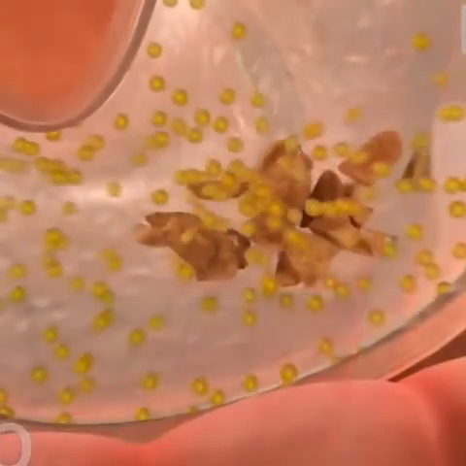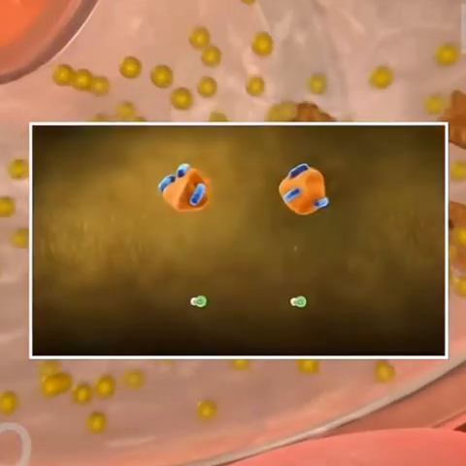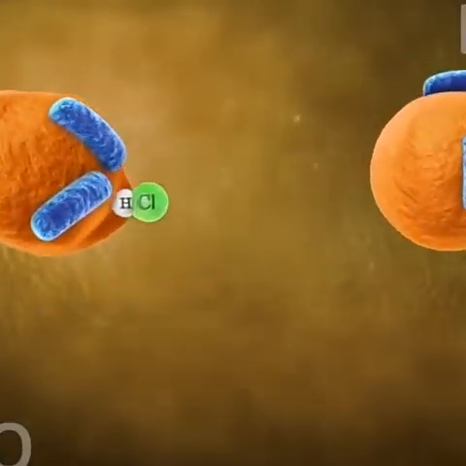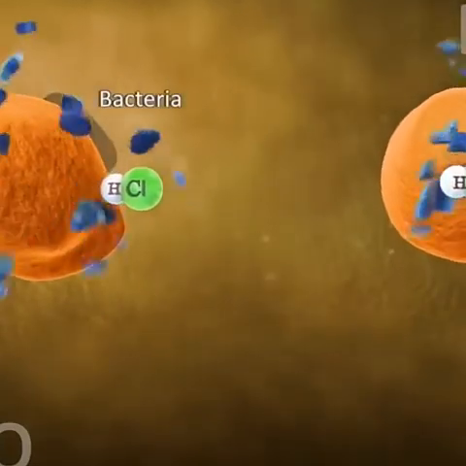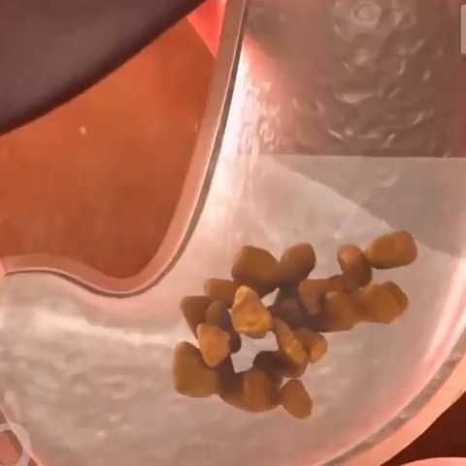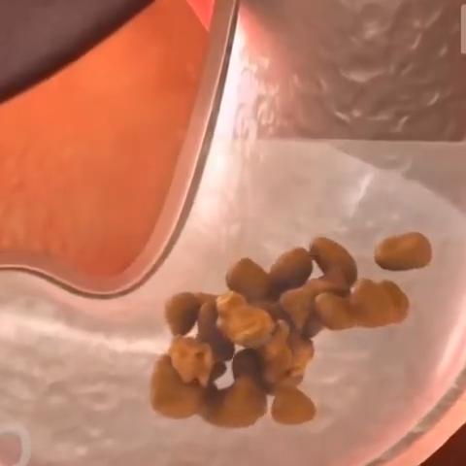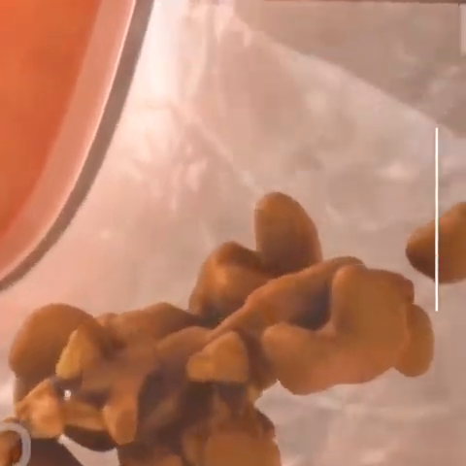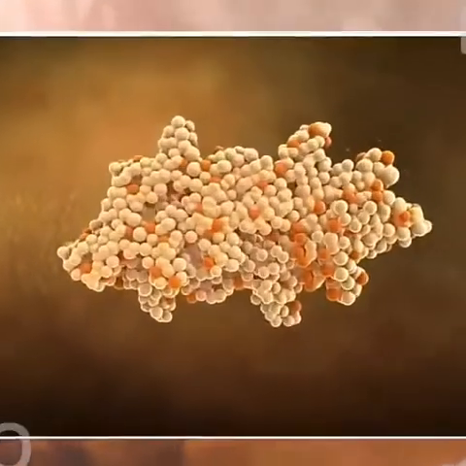The mucous membrane protects the inner wall of the stomach from the effects of the acid. The hydrochloric acid kills the bacteria that enter along with the food and also helps in the digestion of proteins.